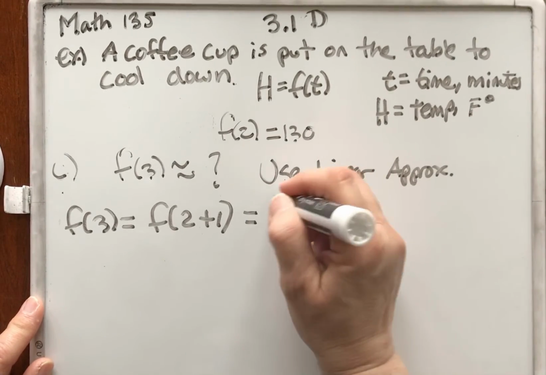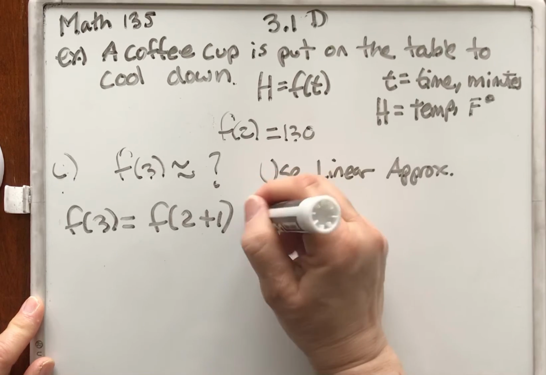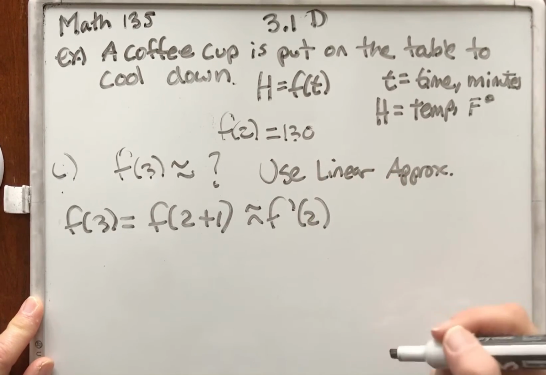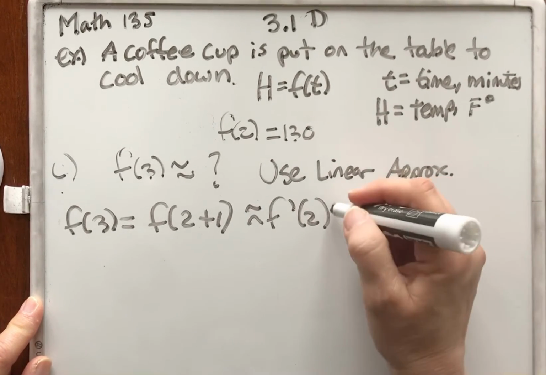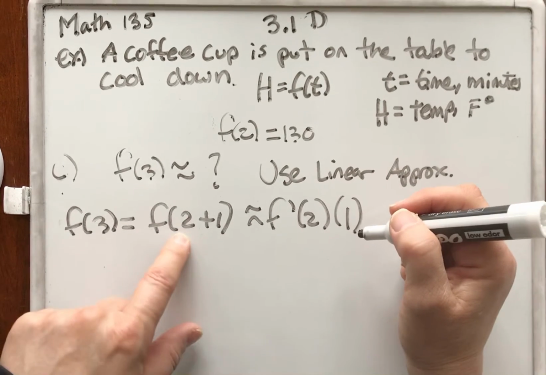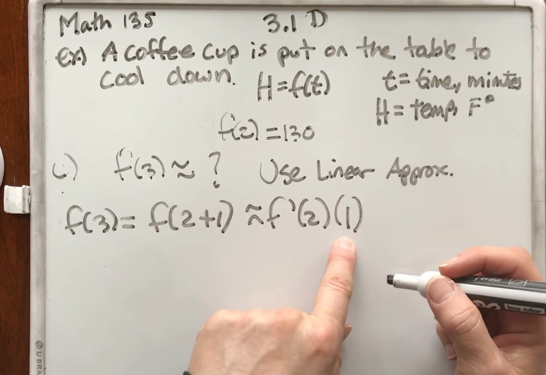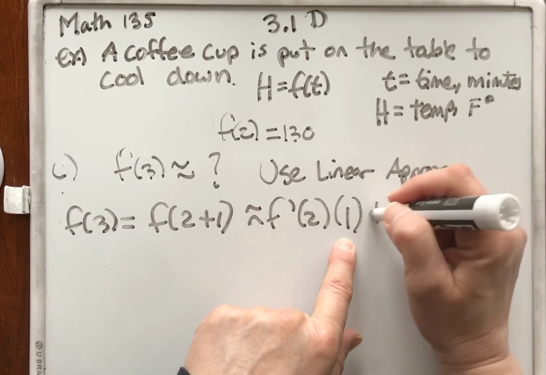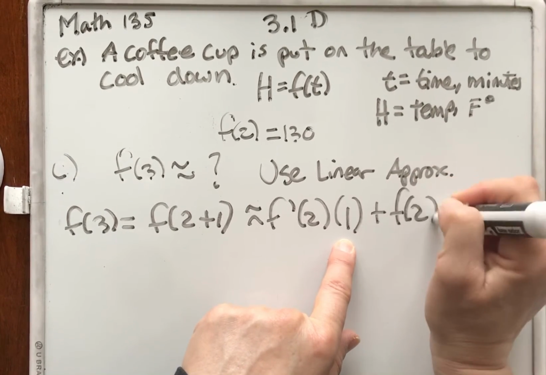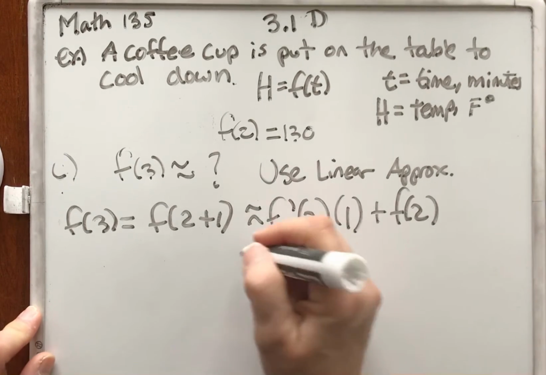Using our formula, that is going to be approximately F prime of 2 times 1. This is our delta x. F prime of x times delta x, and we have plus f of x, f of 2.